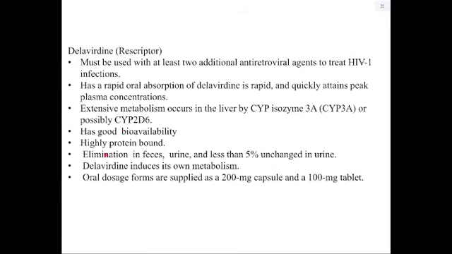It has good bioavailability, is highly protein bound, with elimination in feces and in urine, and you can use oral dosage of 200 milligram capsules and 100 milligram tablets. So again, that also is a non-nucleoside reverse transcriptase inhibitor.